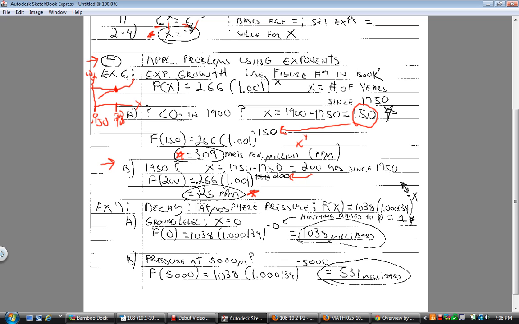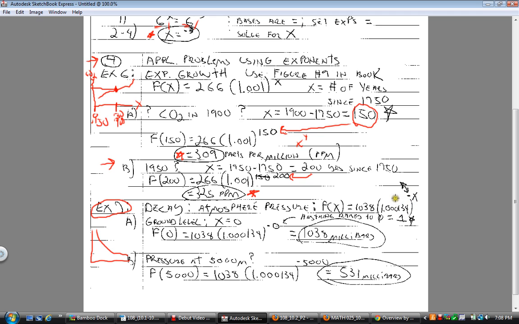Okay, example 7 is going to talk about atmospheric pressure. Working here on example 7, you look at the graph, you're going to see it's a decay exponential problem. Again, they are going to give you the function here, f of x, remember that's y equals 1038 times 1.000134 raised to the negative x.